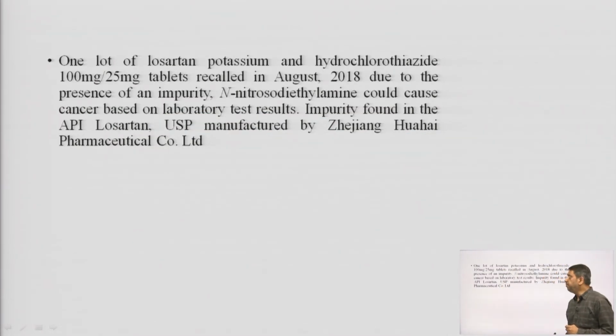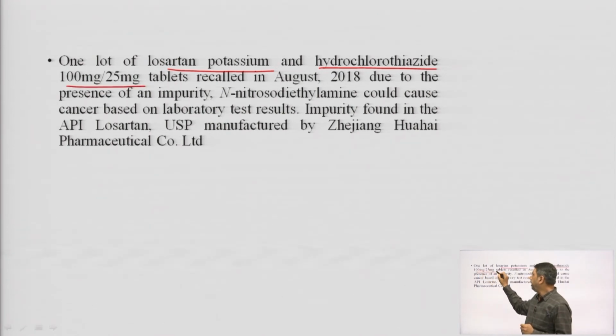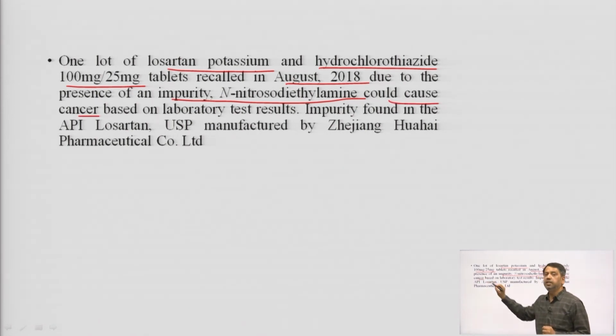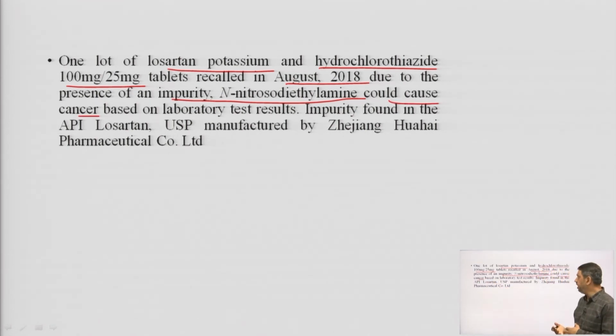There is another example, one lot of losartan potassium and hydrochlorothiazide, 100 mg and 25 mg tablets. These were recalled in August 2018 due to the presence of an impurity, N-nitrosodiethylamine, because this impurity could cause cancer, based on a laboratory investigation.